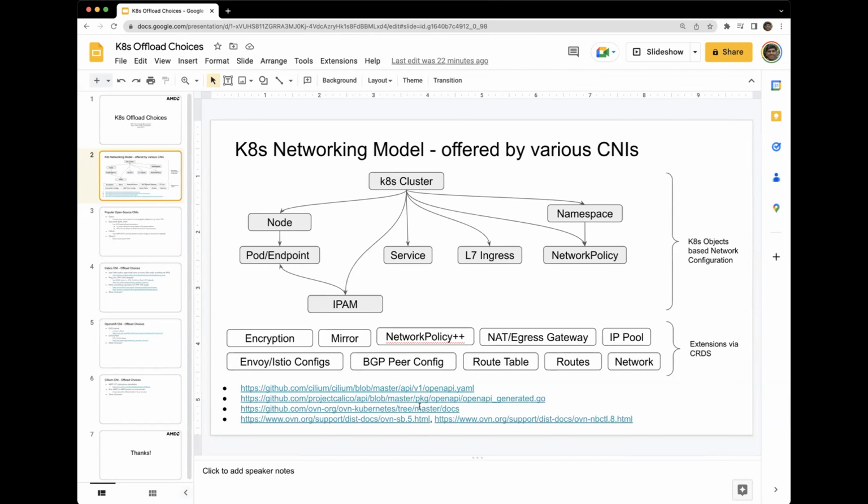And if you look at any of these, OVN for example, northbound and southbound APIs, or Calico plugin APIs, or OpenShift, which uses OVN, or Cilium APIs, they are not to be confused with OpenConfig APIs, because those are to configure a switch, and these will likely not align with that.